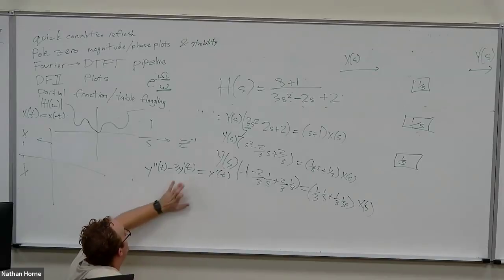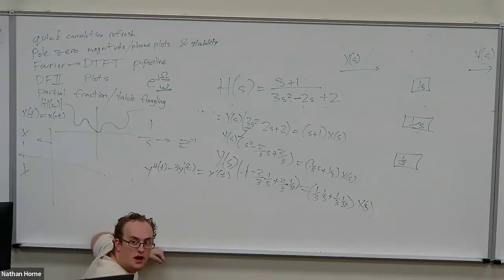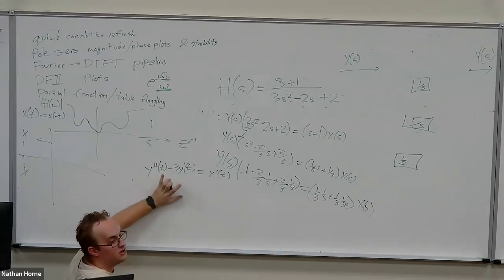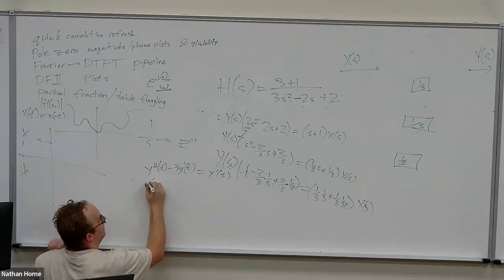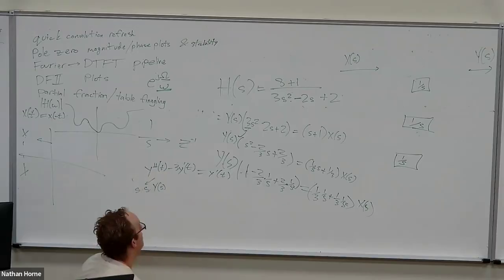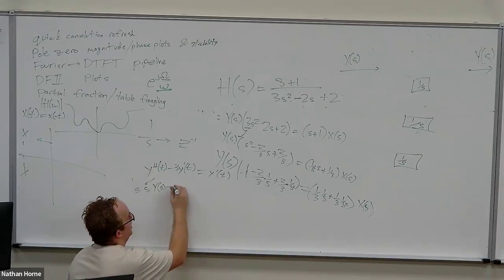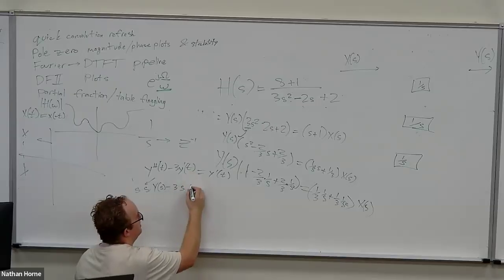When we do a Laplace transform, this is a nice property of it, and one of the reasons we use it is because it turns derivatives and integrals into algebra. Each of those derivatives becomes S's. This would be S for one derivative, S for another derivative, minus 3S for one of these derivatives.